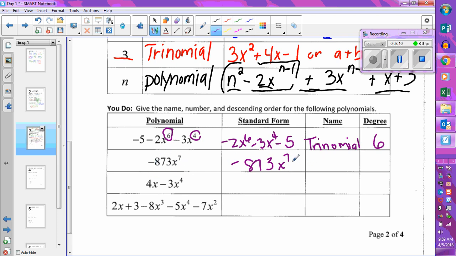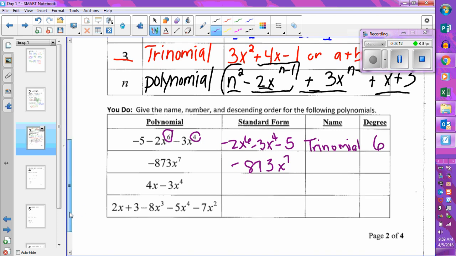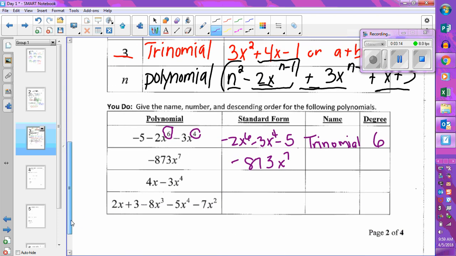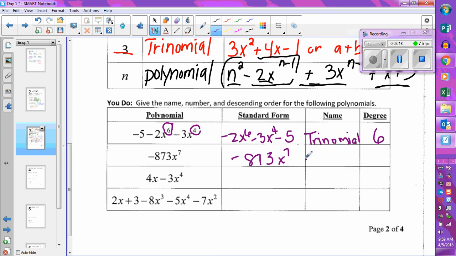Let's go back and take a look. One term is a monomial. So I want you to write that down. And you're also going to write down the degree. What is the highest degree that you have here? Which would be 7. Wonderful.